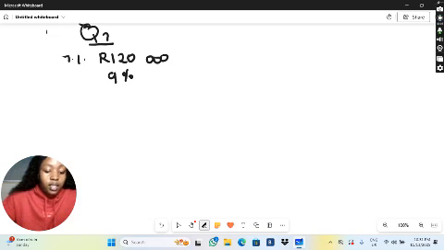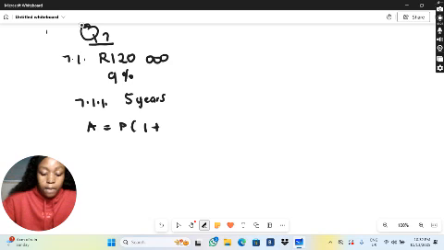Okay, 7.1.1, we are required to determine the scrap value for the machine at the end of 5 years. So we have this formula: A equals P into 1 minus i, to the power of n.